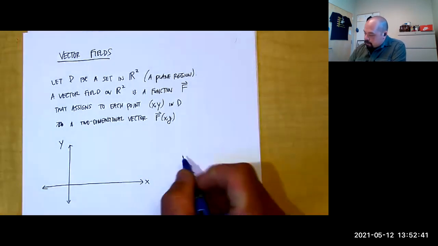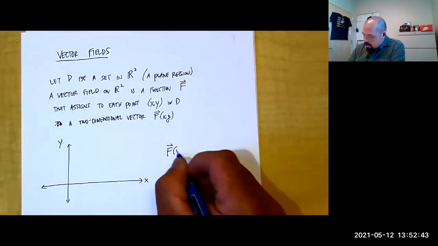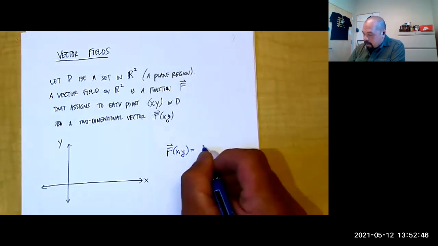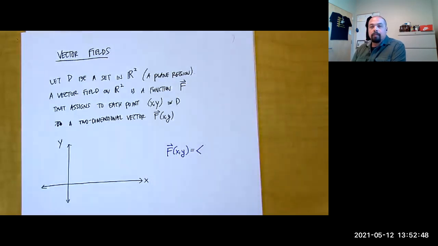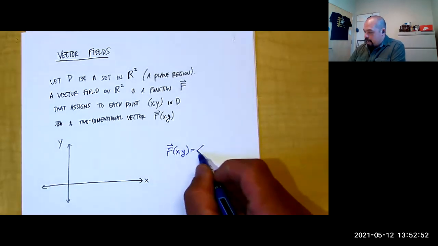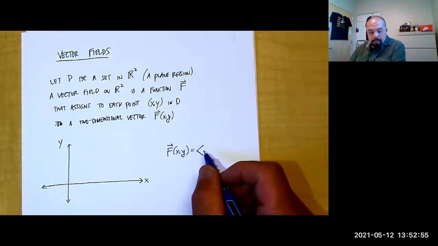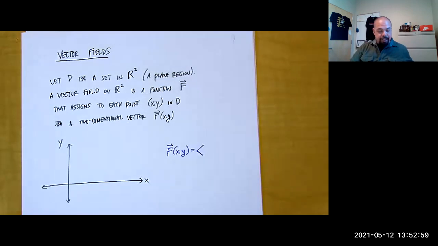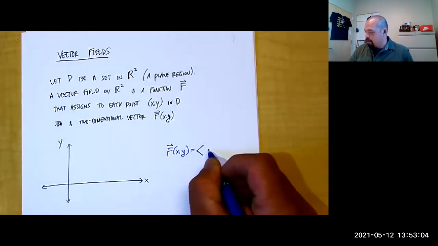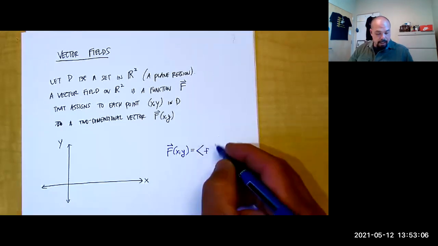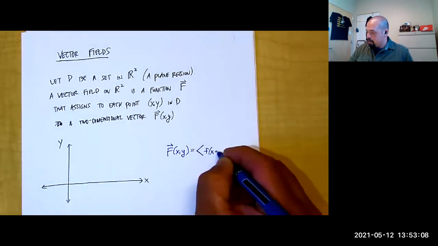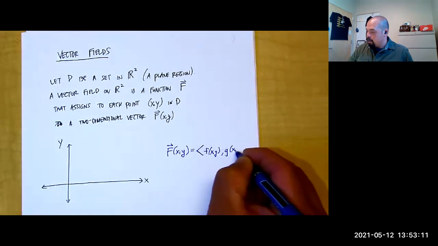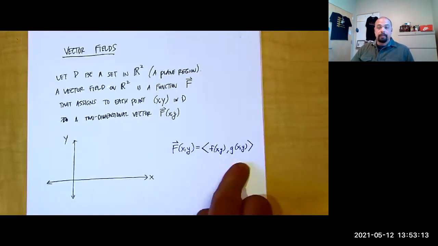But this function, F of x y, is going to have some operation, some action associated with our coordinates, right?